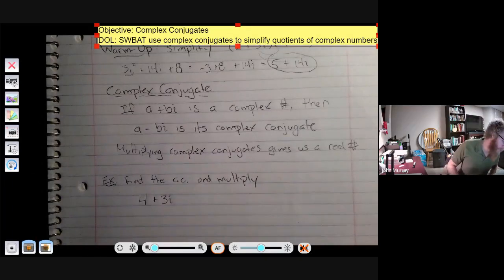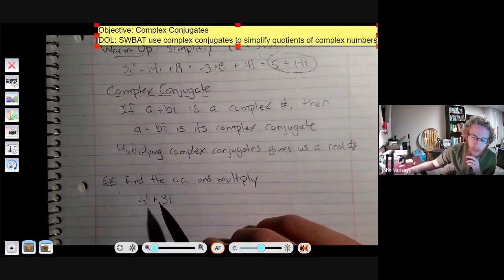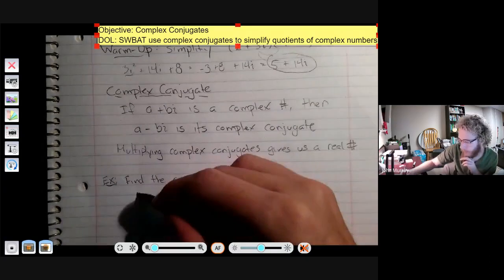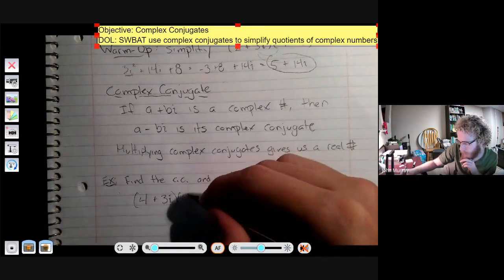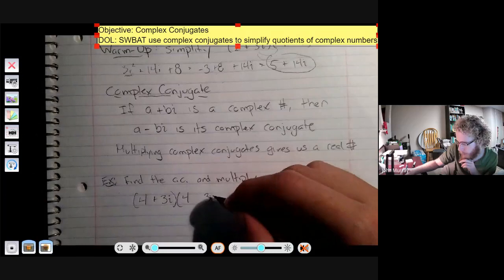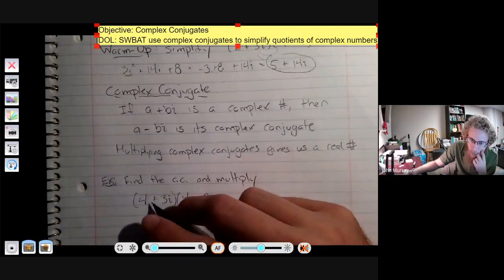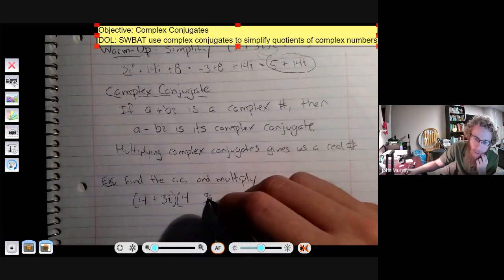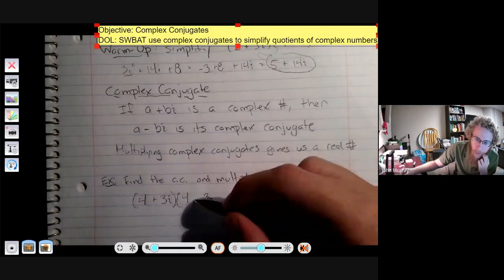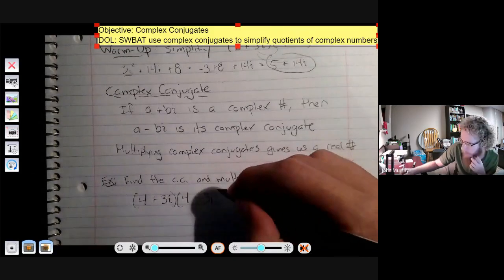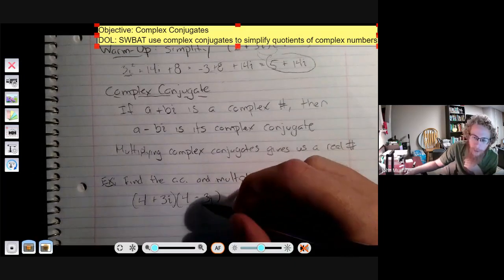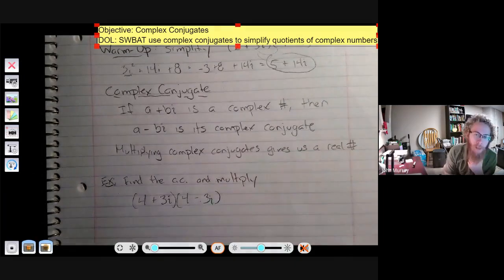All right, so we're going to take a look at a complex number 4 plus 3i. Our imaginary part here is positive. So the complex conjugate, I'm just going to put it next to it. We keep the same constants. The 4 is still a 4, the 3 is still a 3, but we just change that from positive to negative. Okay, and if we started off with negative, then we would just change the negative to positive.